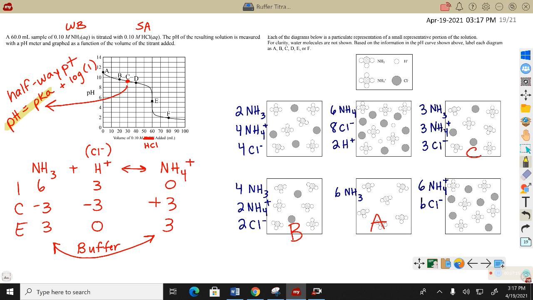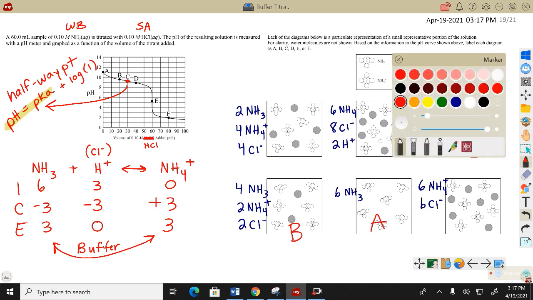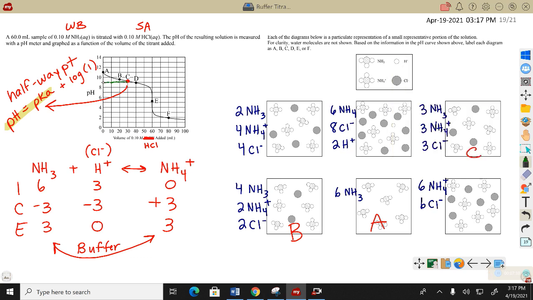Actually, in this case, it would be like an unknown base, where the pH would equal the pKa of the ammonium ion. And so here, if I estimate that across, I get back to this guy. I mean, it's not exactly 9, but let's just pretend that it was 9, to make it easy.